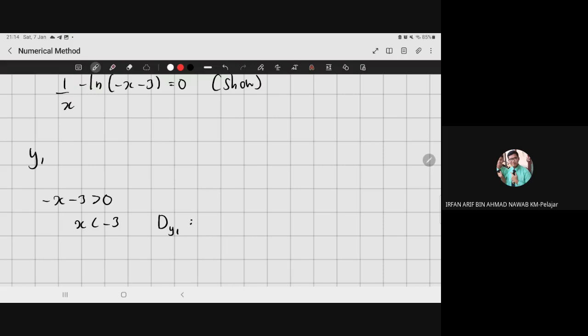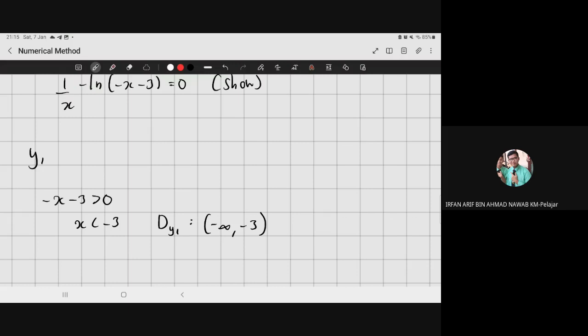So negative infinity, exclusive, meaning a curved parenthesis, until negative 3, but negative 3 is not included in the domain. So now we have our domain.